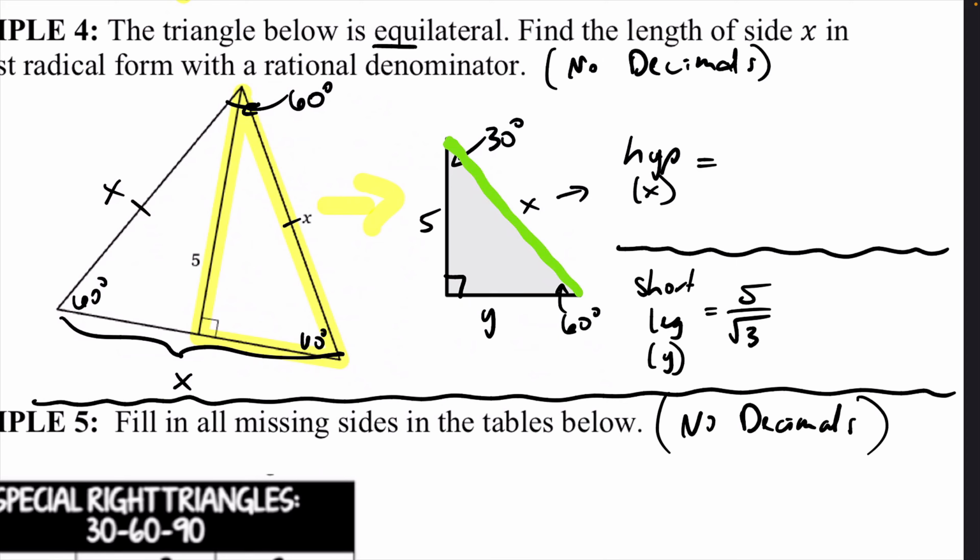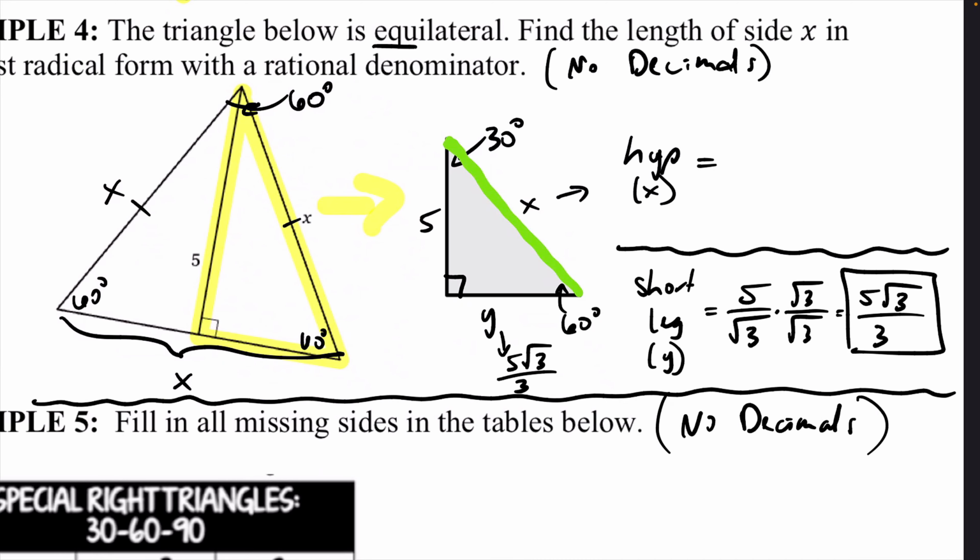So what do I do to get around that? Multiply by the root. So we get 5 times the square root of 3. 3 times 3 is 9, or the square root of 9, which is 3. So this right here is 5 square root 3 over 3.